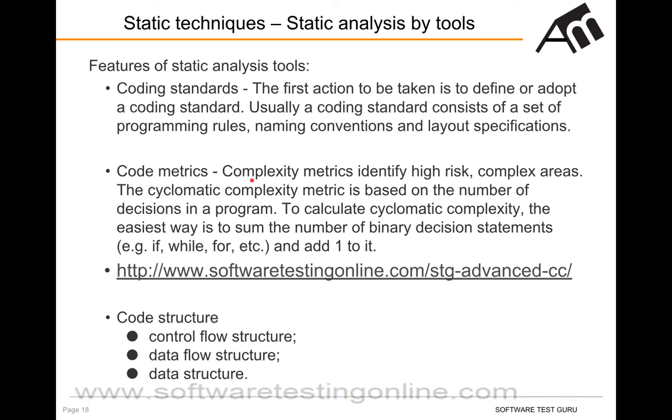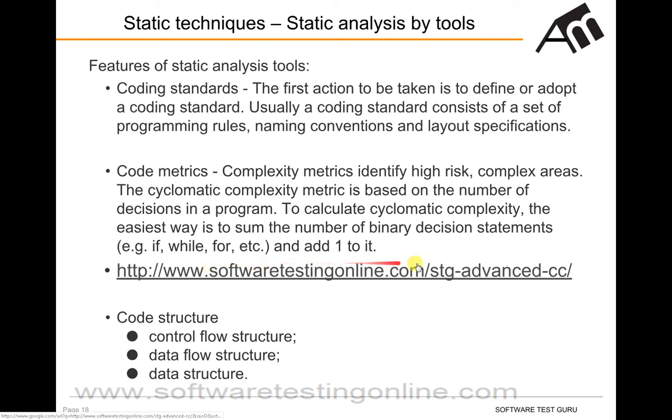Code metrics, complexity metrics identify high risk complex areas. I have explained about code metrics in detail in softwaretestingonline.com STG Advanced. If you click on this link, you can find the different code metrics that are used in software testing.